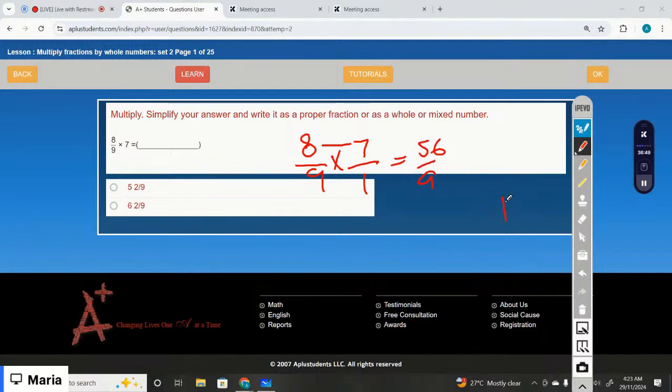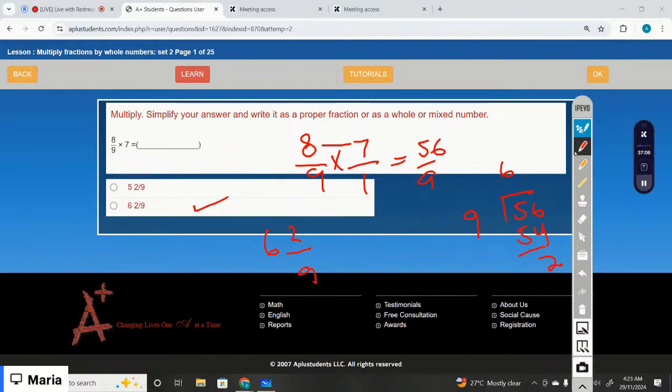Numerator is greater than denominator, simply divide. 9 times 6 is 54 and you have 2 over here. So that is 6 whole 2 over 9. Option number 2 is the correct option.